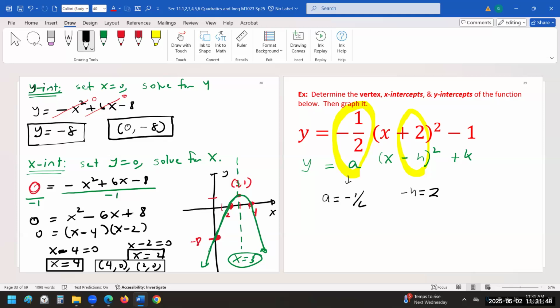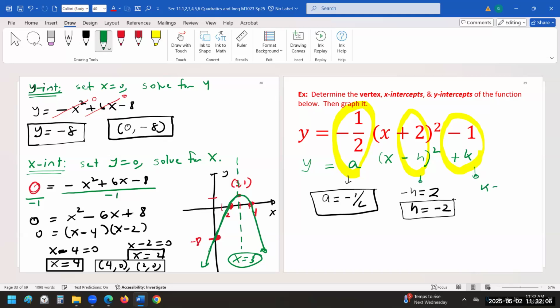But we're not looking for negative h, we're looking for positive h. So what is h? Negative 2. And from here, if you compare these two, we see that our k is negative 1.